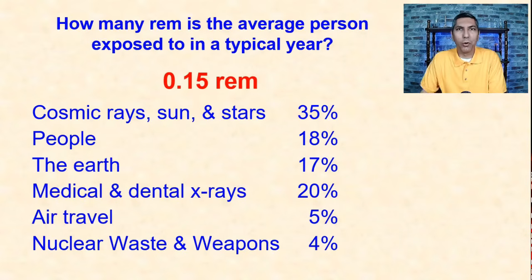Some people were told when they were younger, don't stand in front of the microwave, you'll get radiation, whatever that means. Well, microwave ovens are not significant sources of ionizing radiation. And you can test this with a radiation detector, a Geiger counter. And I will tell you this, if you do have a microwave oven that is belching out ionizing radiation, you need to get rid of that thing. It's not something that you want to cook your food with.